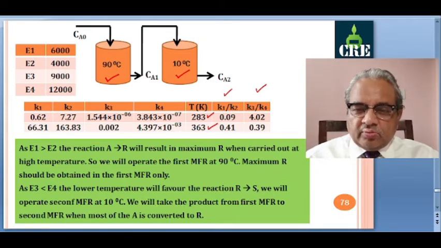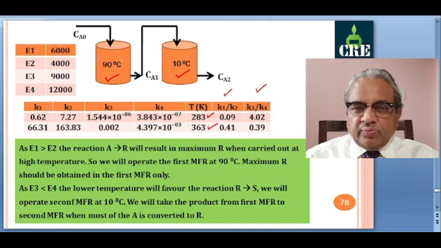We'll take the product from the first MFR to the second MFR when most of A is converted to R. That depends on other parameters, so many calculations. You can get some idea about when it will be achieved, that means CR max, at which time t max it will occur, that you know.